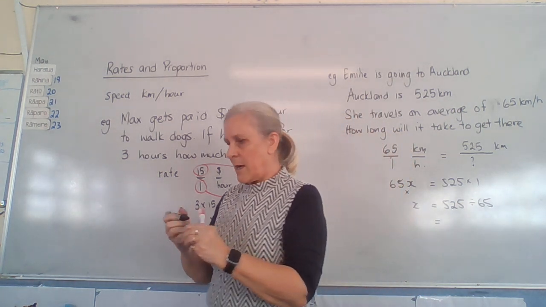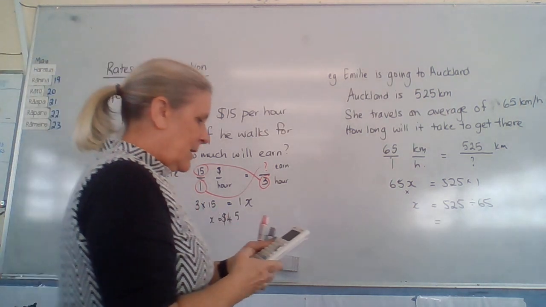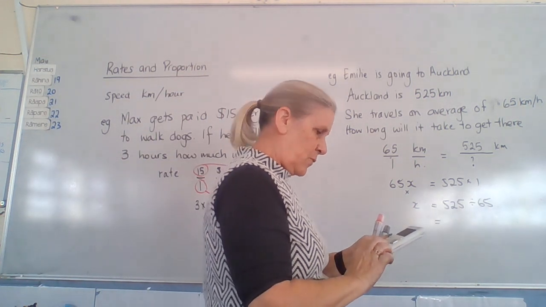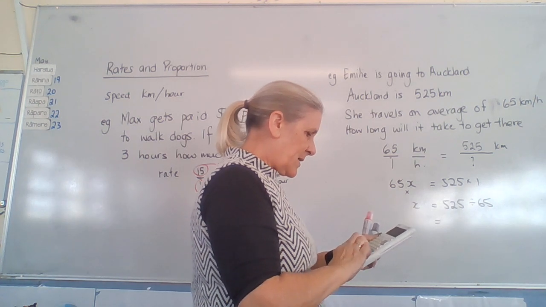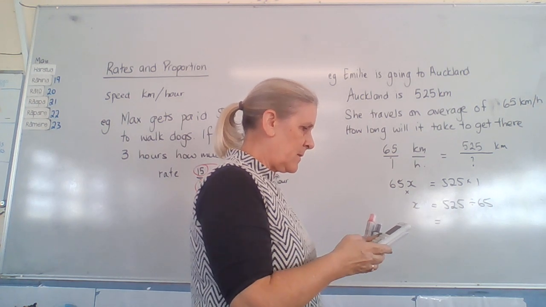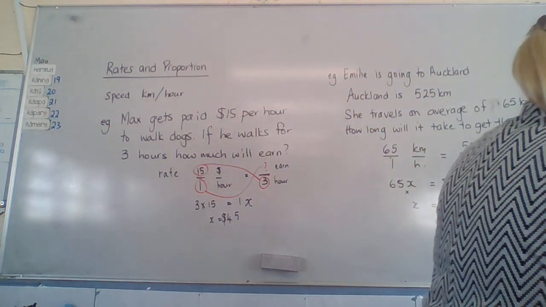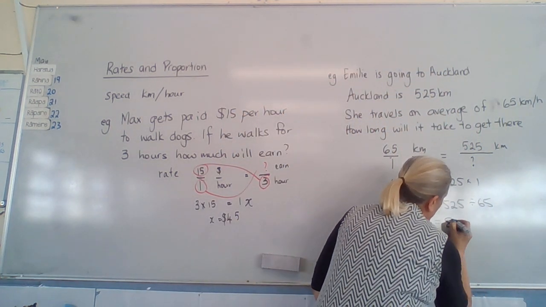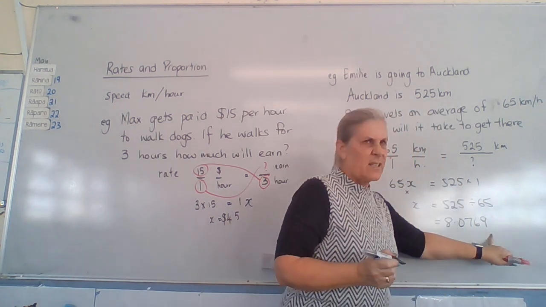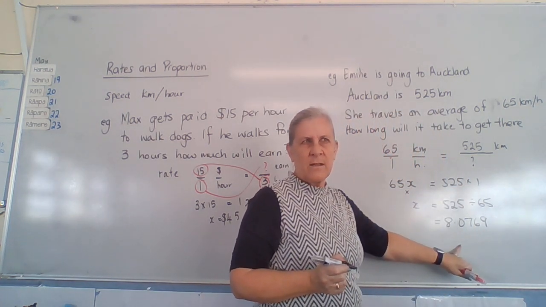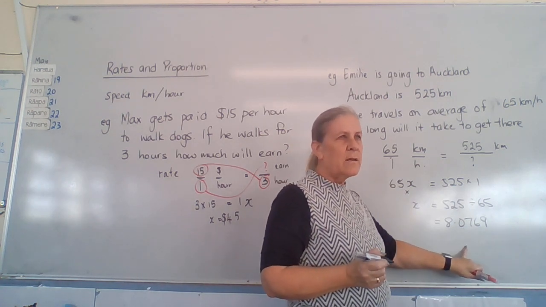So we put that in our calculator, because luckily we're allowed to use them, and we get 525 divided by 65 equals 8.0769. All right, 8.0769. Now, what is that? What measurement unit is that in? Hours.